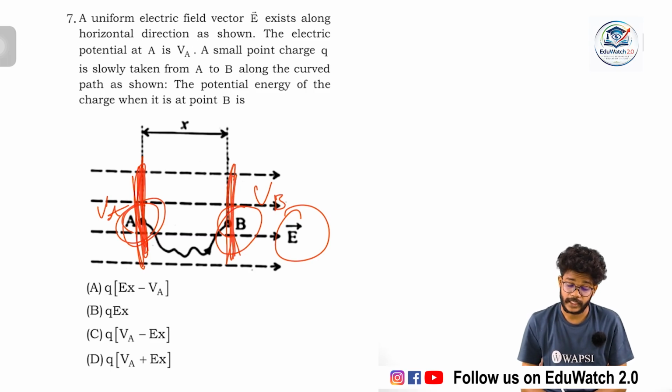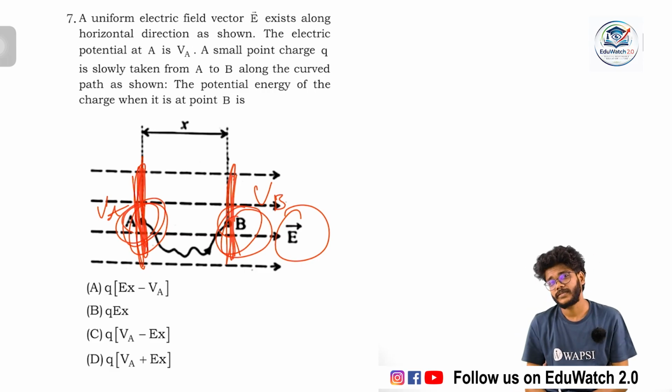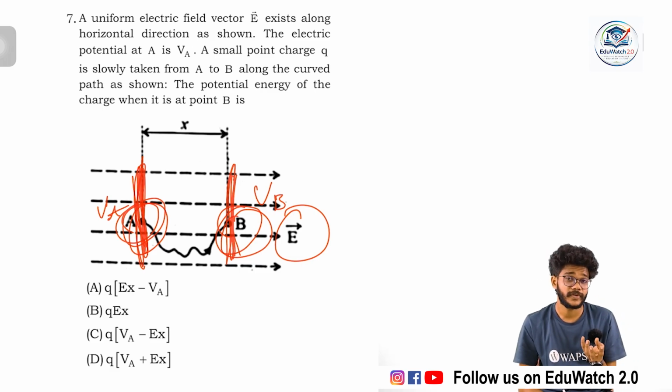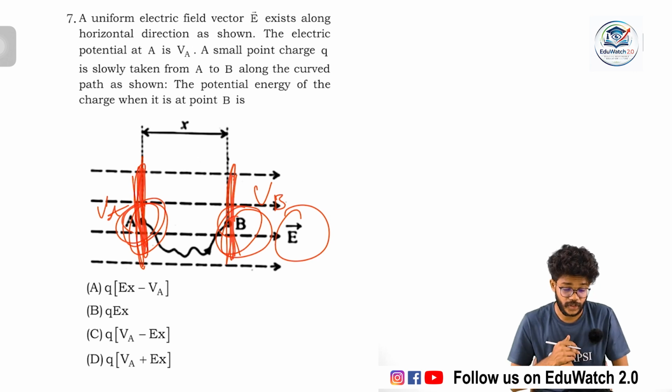But the potentials at A and B are different, so work has to be done to change the potential. What is an equipotential surface? The surface which has equal potential, and here A and B have different potentials. So work is necessary to move a charge from one potential to another.